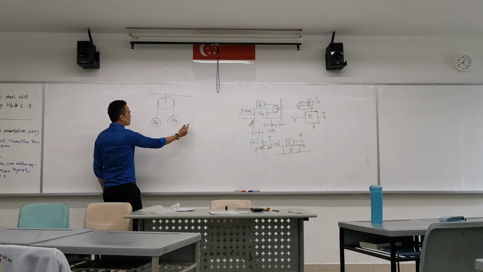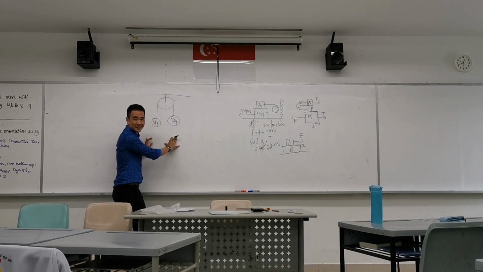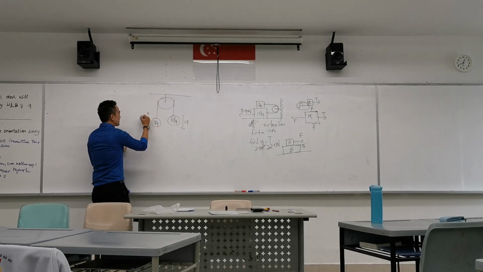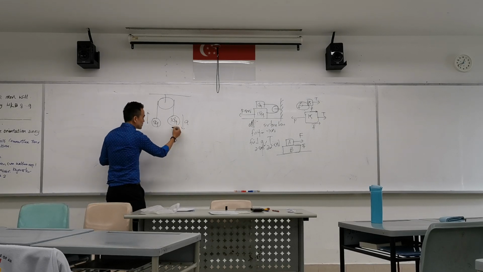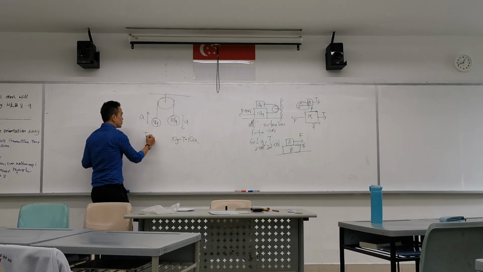Okay, these two bodies over here, tell me, come on. You have to know what direction it is going to accelerate. Come on, entertain me. If you don't know this, yes. This one. Agree? Therefore, for this one, do you agree that 10g minus tension equals 10a? And then this one, tension minus 5g equals 5a.